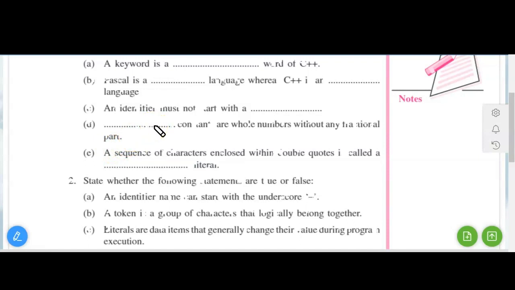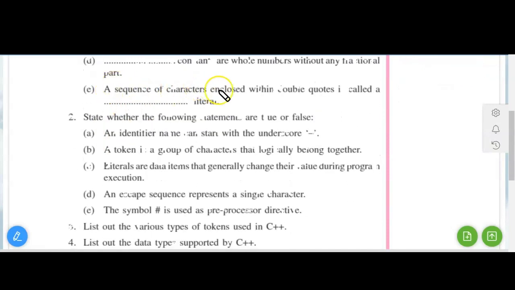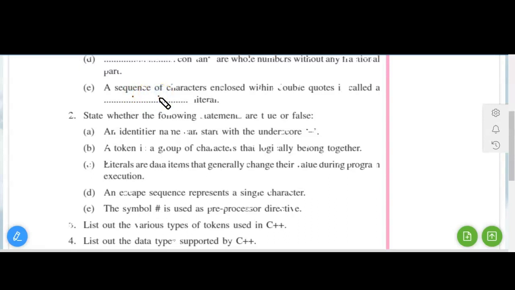Integer doesn't have a fractional part. A sequence of characters enclosed within double quotes is known as a string literal. A character is in single quotes and a string is shown in double quotation marks. We have seen this in the chapter.